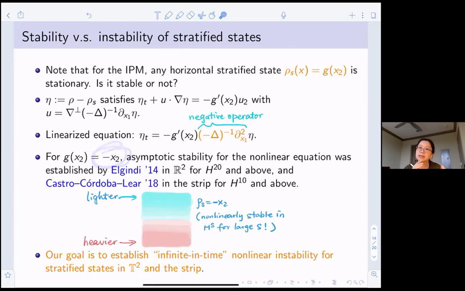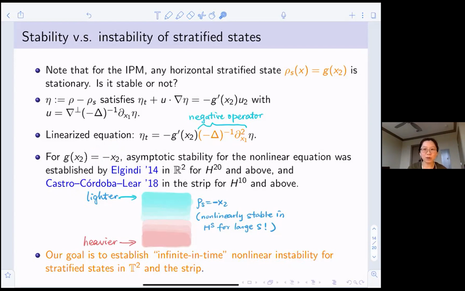However, that stratified state may be slightly different from this minus x2, because any other stratified state is also stationary, right? So it may be driven towards something that is near it, but not quite exactly the same. So these are the nonlinear asymptotic stability results.